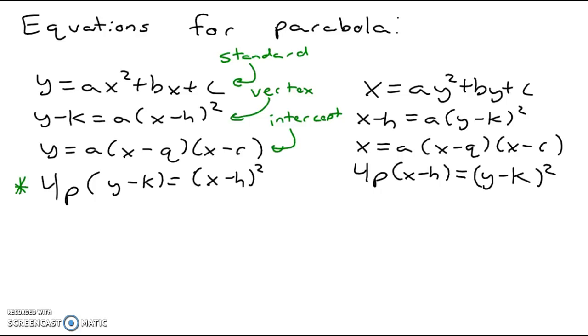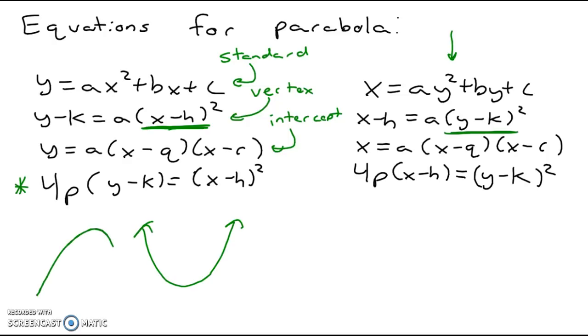You're going to notice in this column we have very similar equations. These equations are standard, vertex, and intercept form, all for y squared. The big difference is that here y is being squared, while over here x is being squared. In the ones we've done before, they've all been functions, so they've all been either upward opening or downward opening parabolas.